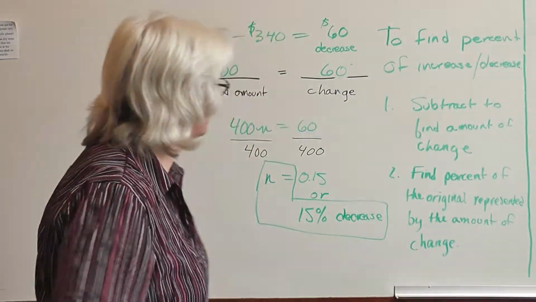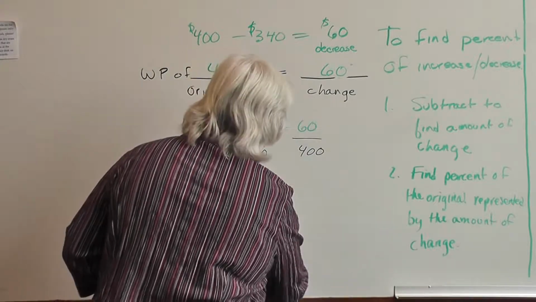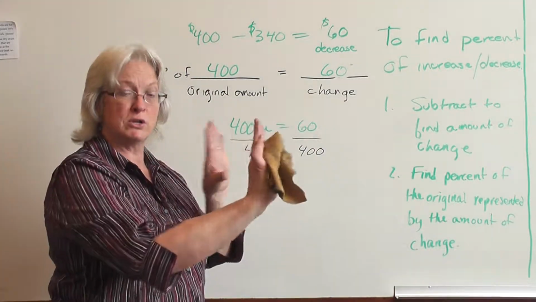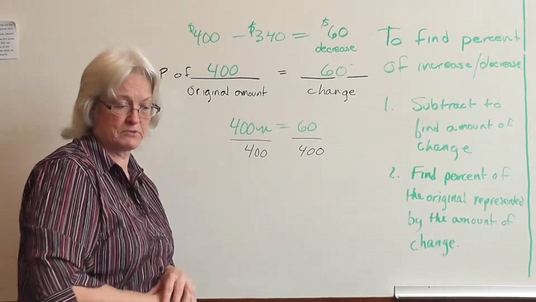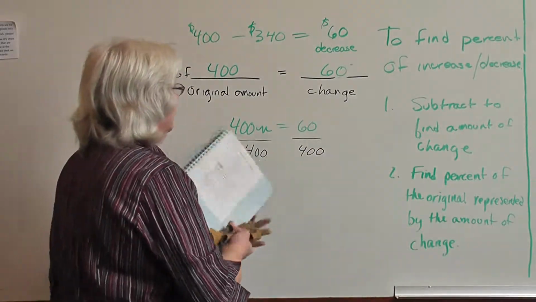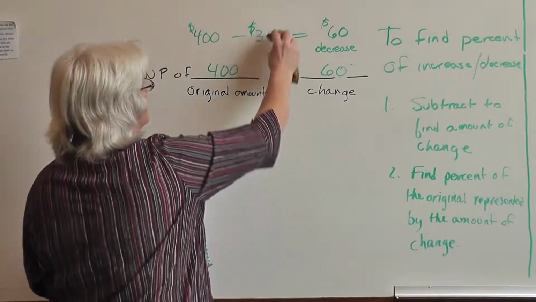Let's do another problem. This time, we're going to see an example of how you can simply use a ratio, a proportion involving two ratios to solve these types of percentage of increase or decrease problems.